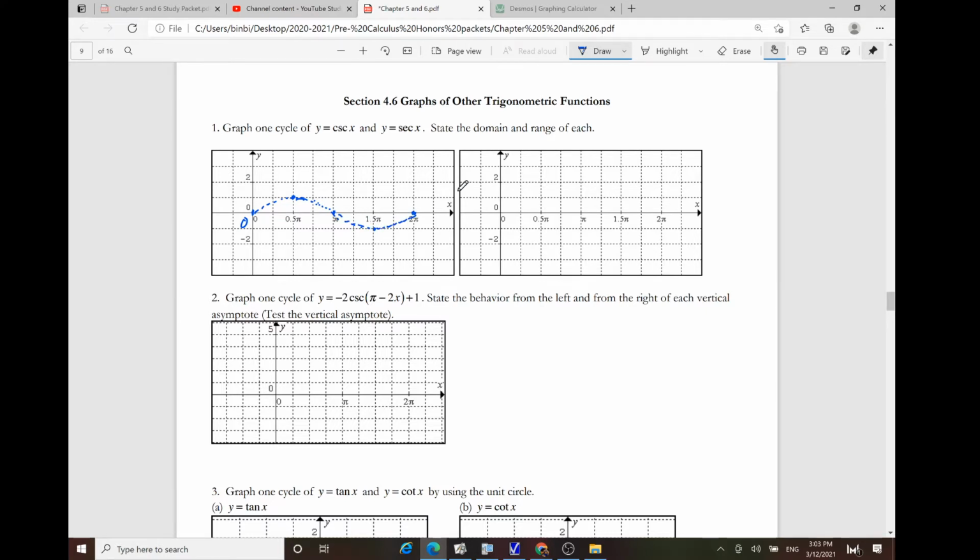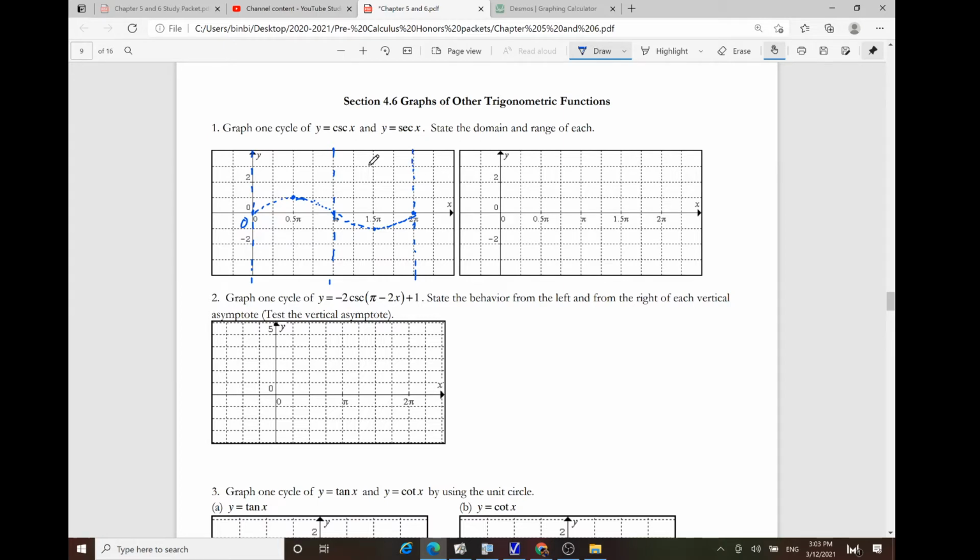And then what we know is that at 0, it's always a VA, because cosecant is always the reciprocal function of sine. So the first VA is going through the y-axis. The other VA is right here at pi. The third VA is at 2 pi.